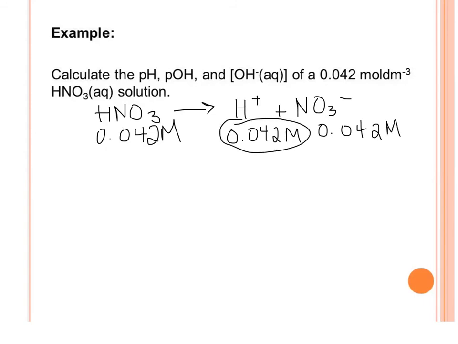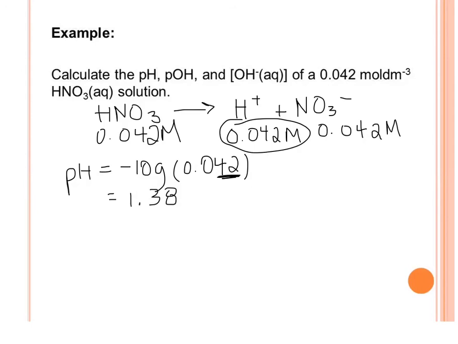We have an H plus concentration, so we could find pH as the negative log of the H plus. If we calculate that, again, we got 2 sig digs, so 2 decimal places would be 1.38. We could find pOH by taking 14 minus our pH.